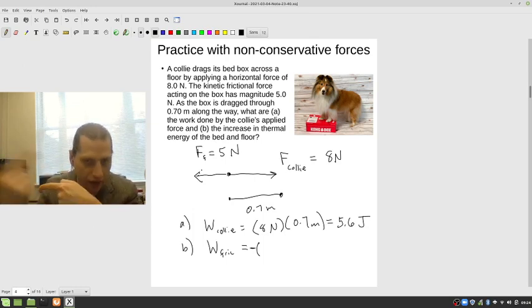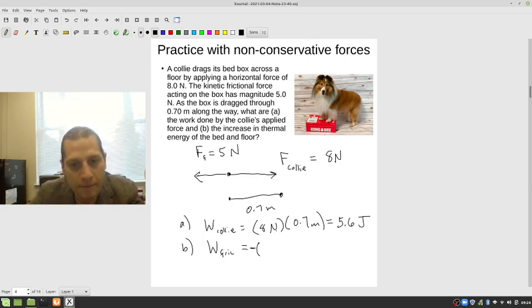It's slowing it down. It's taking away possible speed. So there's your -5 newtons times 0.7 meters. And that would be, let me think, 5 times 7 is 35, so I think that would be 3.5 joules minus.